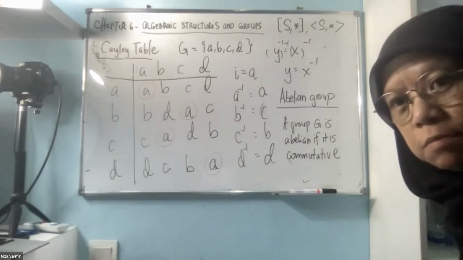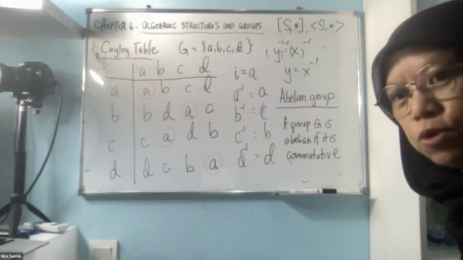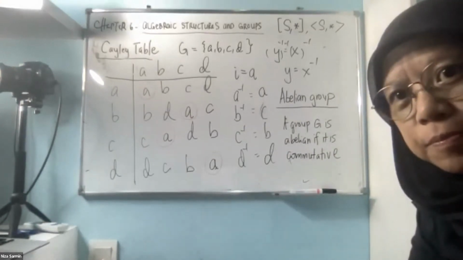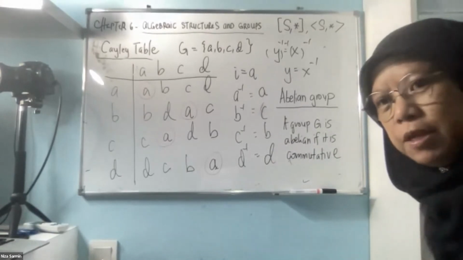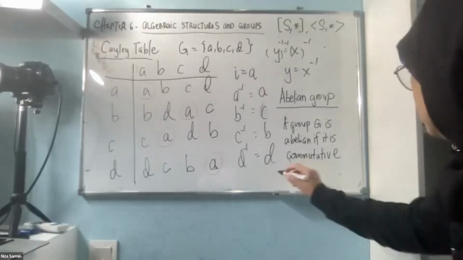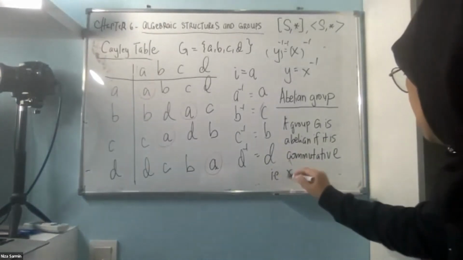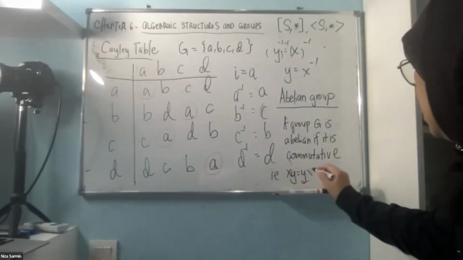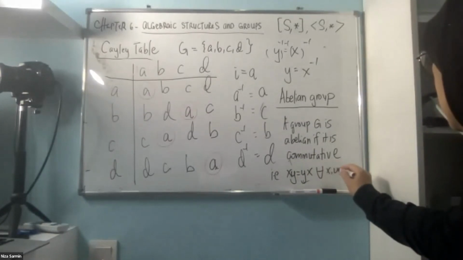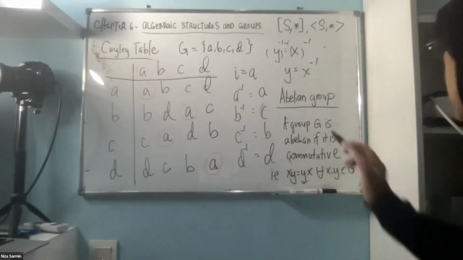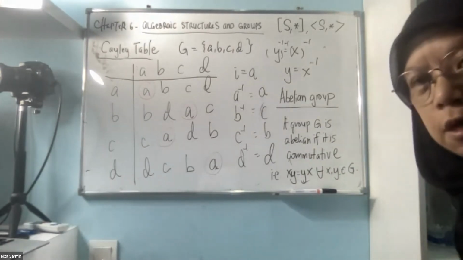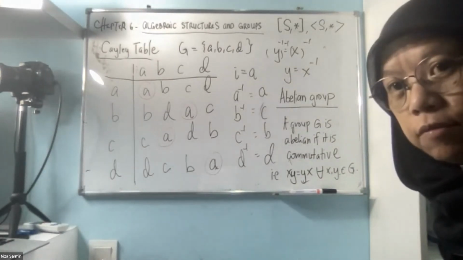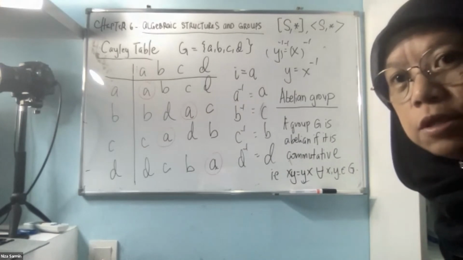A group G is abelian if it is commutative. Meaning? xy is yx for all x, y in G.